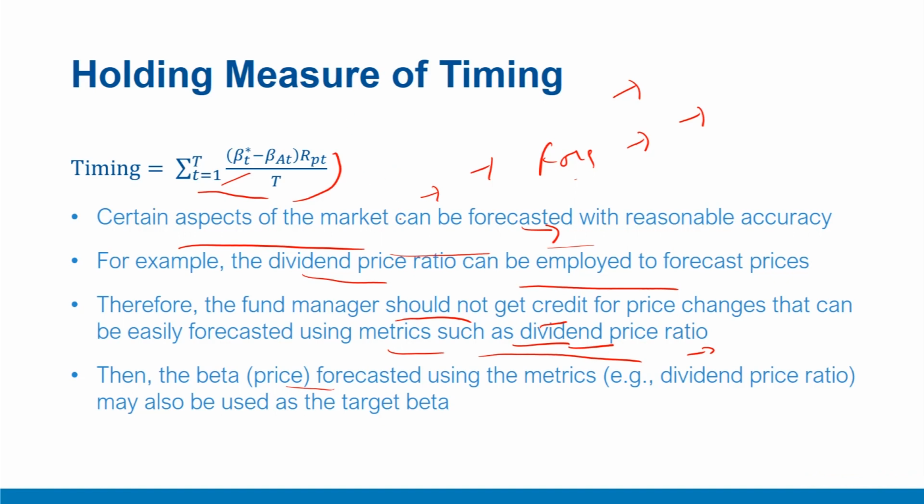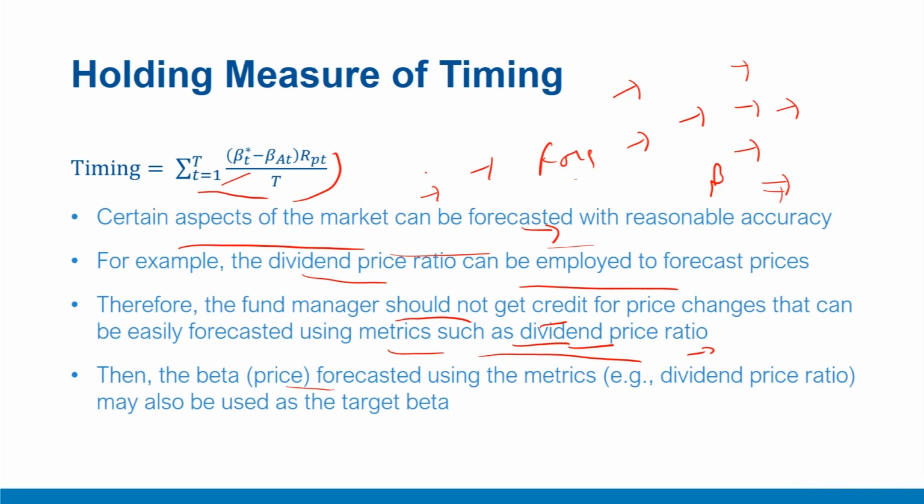To summarize, in this video we discussed a very important measure of timing, which is the holding measure of timing. Here we do not estimate the beta of a fund directly with its sensitivity towards market movement, but we estimate the beta of individual security constituents of that portfolio. Then we use holdings data to estimate the proportionate weights of these securities and compute the portfolio beta by using the betas of individual security constituents.